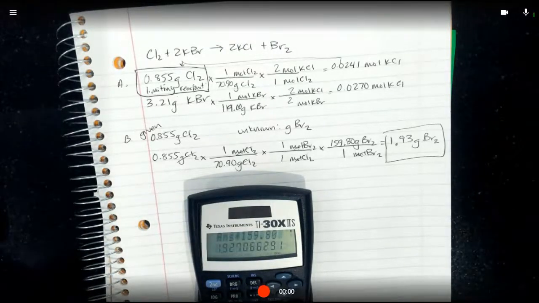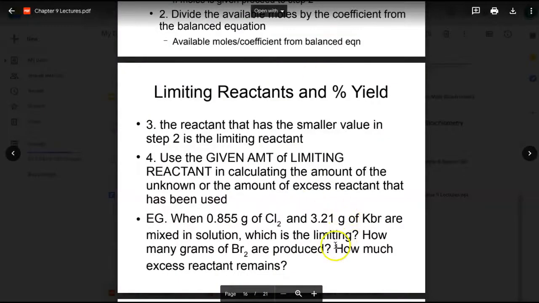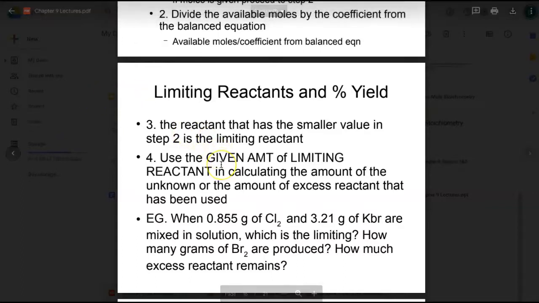Then we have step C. How much excess reactant remains? So to find out how much excess reactant remains, we're going to want to take a look at page 297. So after reviewing page 297, we can also follow these steps to find out how much excess reactant remains.